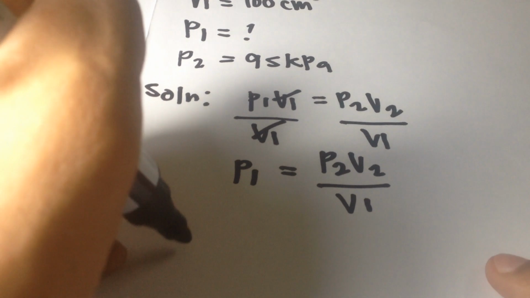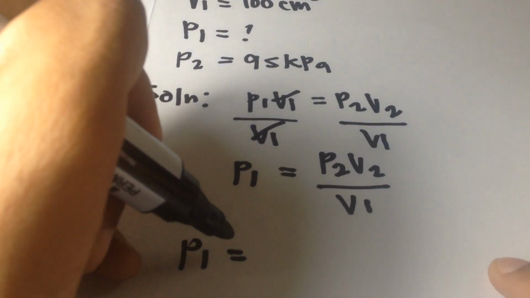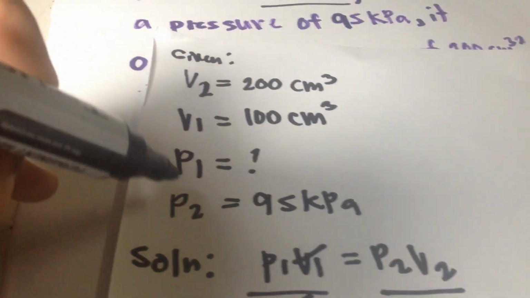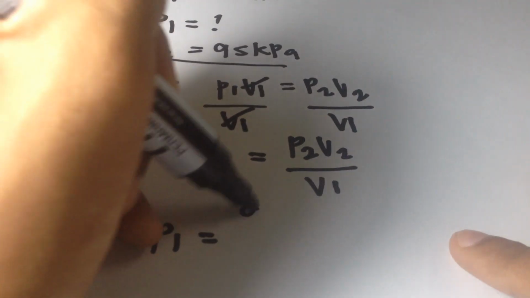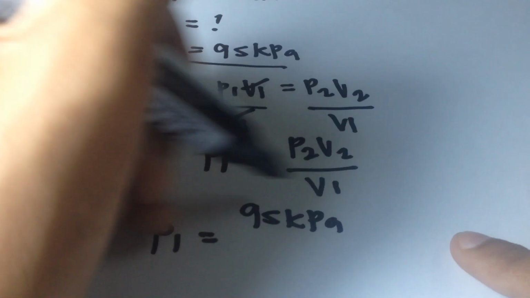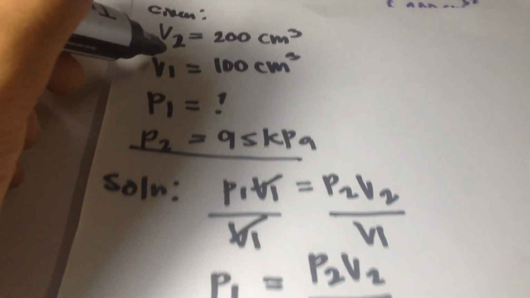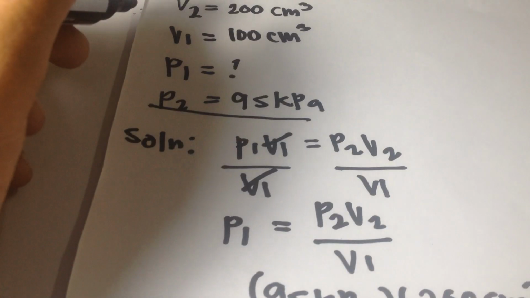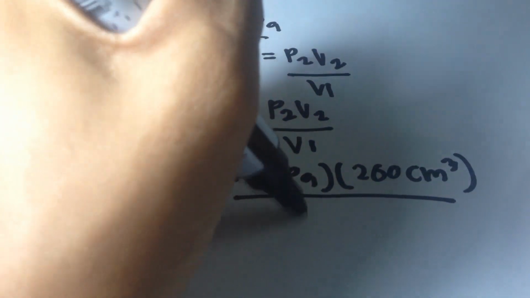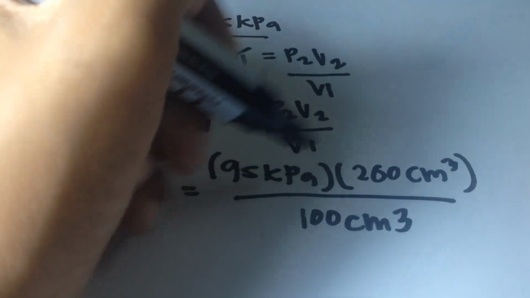Pressure 2 is 95 kilopascal, times the volume 2, which is 200 cubic centimeters, divided by the volume 1, which is 100 cubic centimeters.